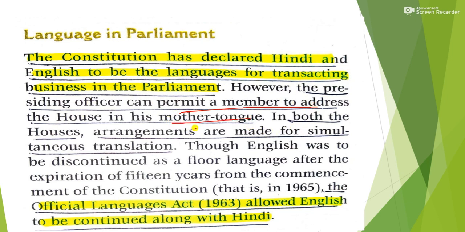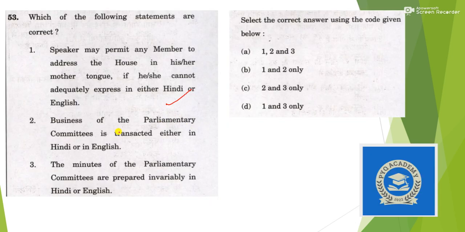Now, business of the parliamentary committee is transacted either in Hindi or English. This is also true. The minutes of parliamentary committees are prepared invariably in Hindi or English. This statement seems to be true, but here is one catch: it is prepared in Hindi and English. So if you go word by word, this statement will be wrong. So the answer here is option B, 1 and 2 only.